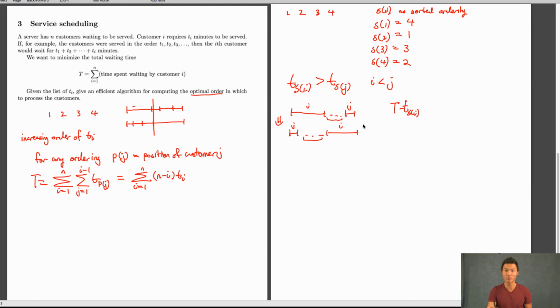But since i comes behind j, i now has to wait for j's time, right? So this is t, that's called old. But this is always going to be less than or equal to the original time that we had, because I'm subtracting a larger number here and adding a smaller number. So we're going to have an improvement.